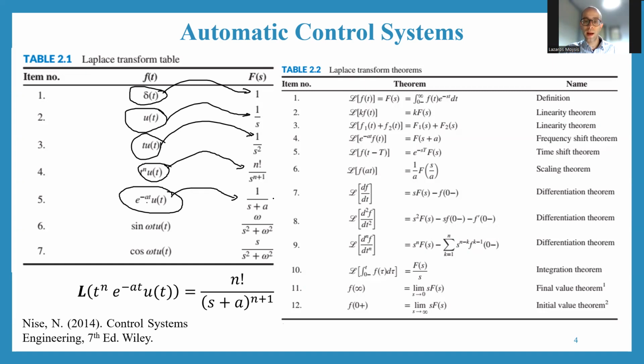So I will need to define a polynomial where if I set the denominator equal to 0, the solution is going to be minus a. That's why this is s plus a, because if I set this denominator equal to 0, the solution is going to be s equals minus a. Okay, that's why minus a goes here. So it's very easy to remember.